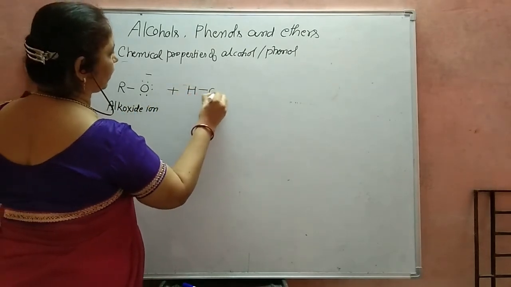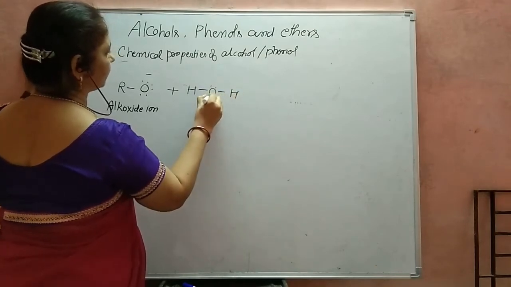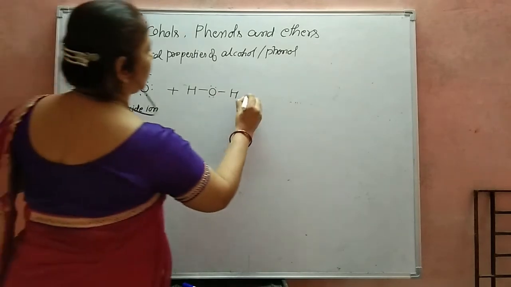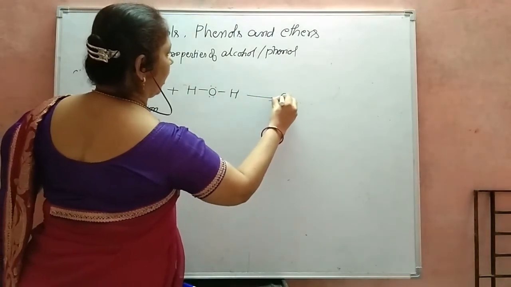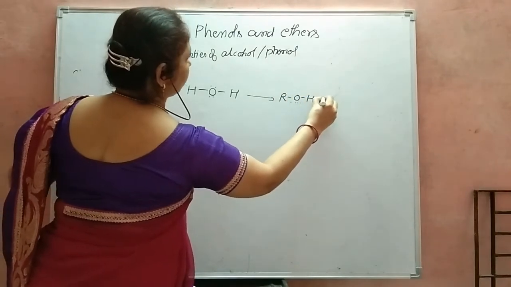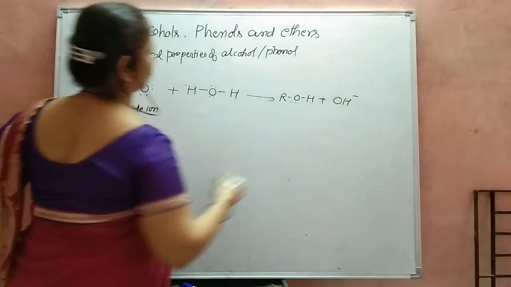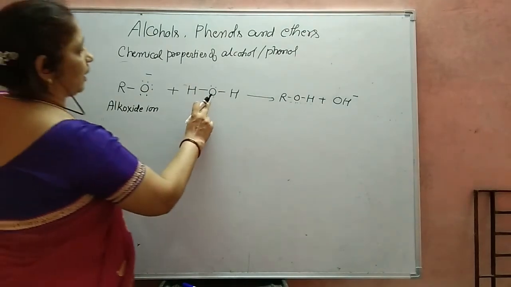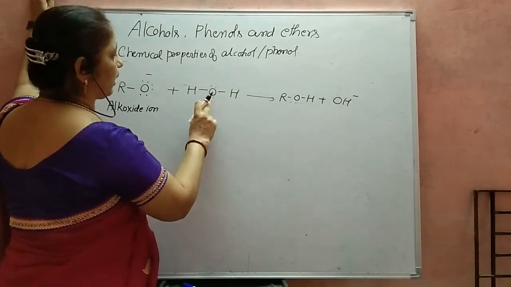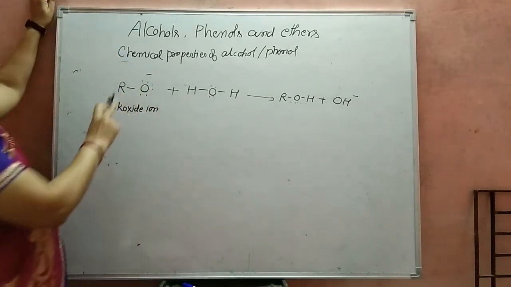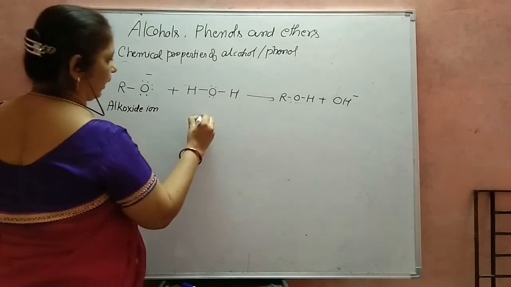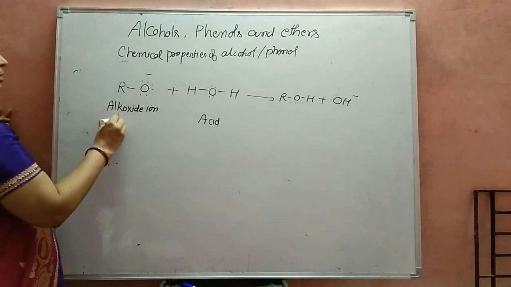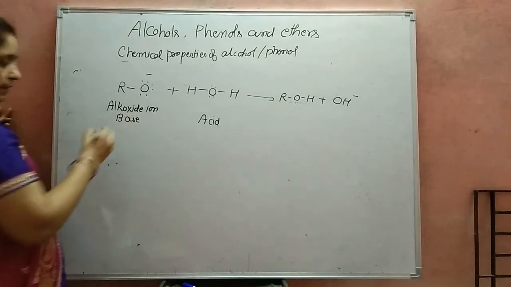The alkoxide ion reacts with the water molecule, so it forms the compound ROH plus OH negative. क्या क्लियर हुआ इससे कि water molecule gives H positive to the alkoxide ion, means water acts as an acid, while the alkoxide ion acts as a base.